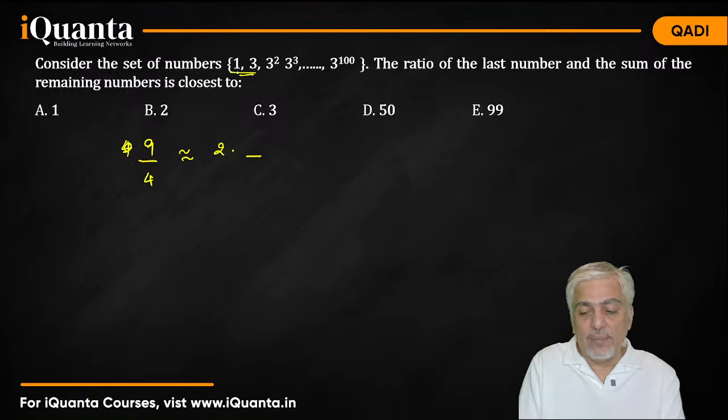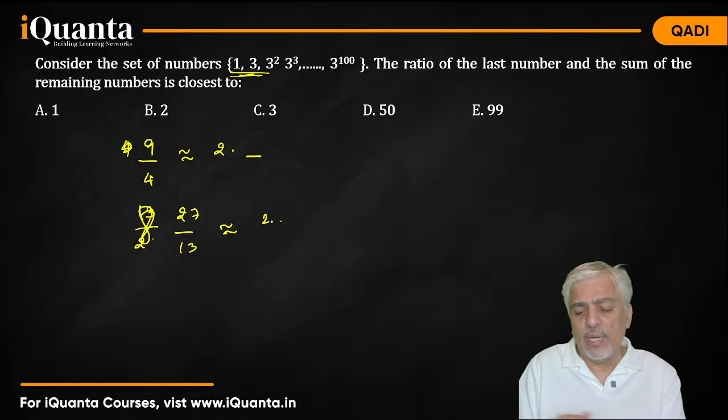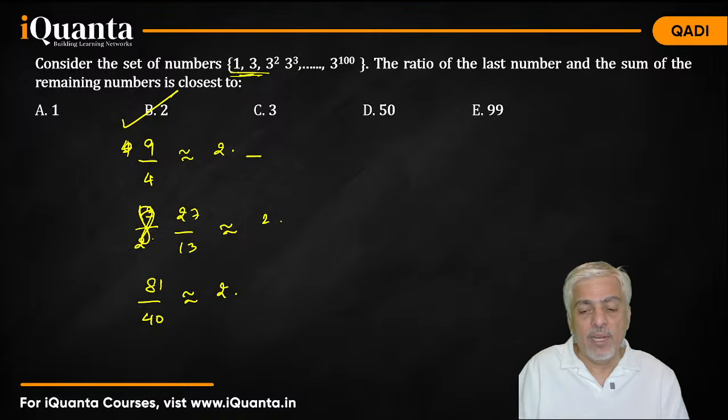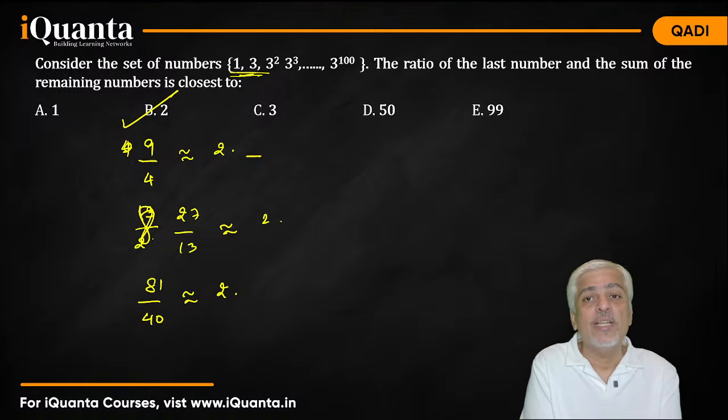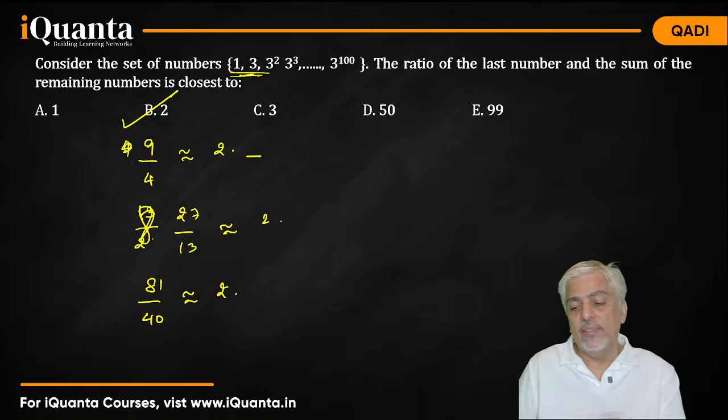I'll try one more time. 4 plus 9, 13. 27 divided by 13 is also 2 point something. Worst situation, I'll try one more time. 27 plus 13 is 40. So 81 divided by 40 is also 2 point something. I would take a chance and mark option B. So anybody who does not remember the property can also do this sum without thinking.